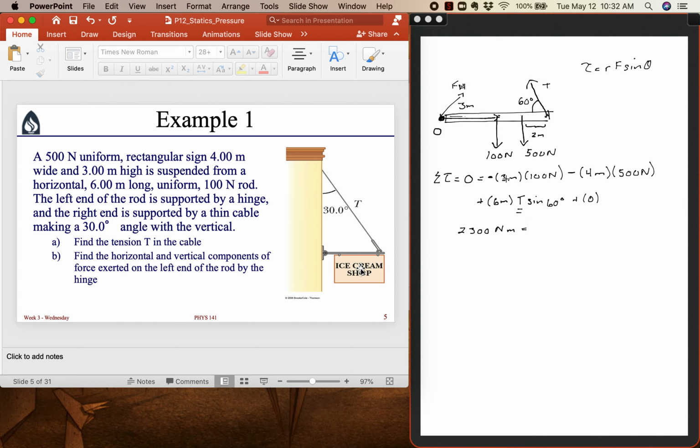So that's just the 3 times 100 plus 4 times 500. And then that's going to be equal to 6 meters times T sine of 60 degrees.